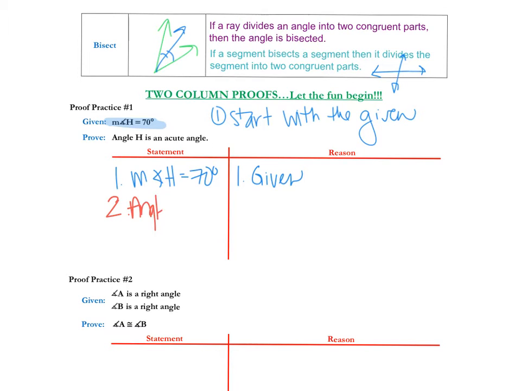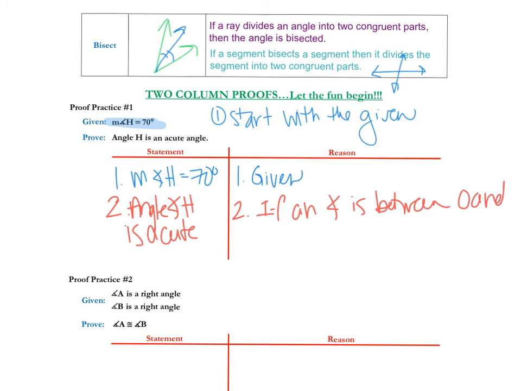So angle H is acute, and we would write out that definition: if an angle is between 0 and 90 degrees, then it is acute.